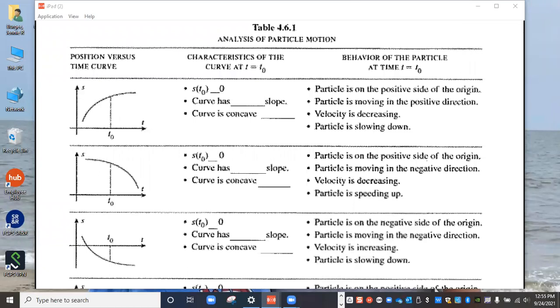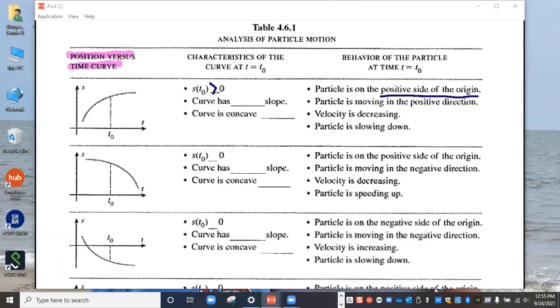Suppose instead of looking at velocity, you're looking at a position versus time curve. So you have a position graph, your s of t, and you're looking at what's happening at time t sub 0. First of all, you can see from the graph, because you're above the x-axis, that the position is greater than 0, because the particle is on the positive side of the origin.